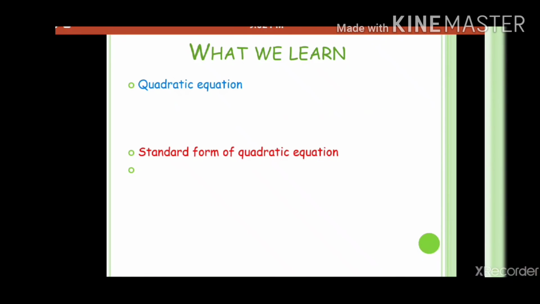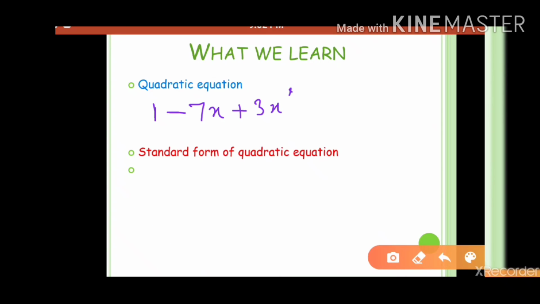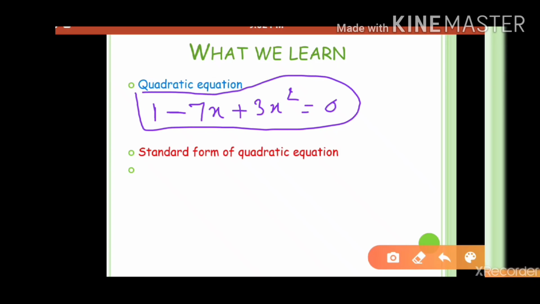Or we can say that a 2-degree equation is a quadratic equation. And we can say 1 minus 7x plus 3x squared equal to 0 is also a quadratic equation because this equation is a 2-degree equation.